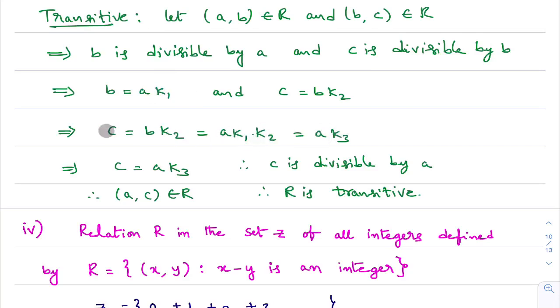What did I get here? c equals a into k3. That means c is a multiple of a. If c is a multiple of a, then c is divisible by a. If c is divisible by a, the ordered pair (a,c) belongs to R. When it is reflexive, symmetric, or transitive, you have to write the answer very carefully. Therefore, this relation is transitive relation.